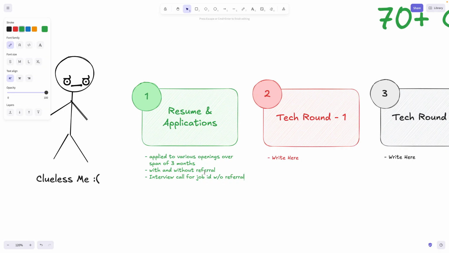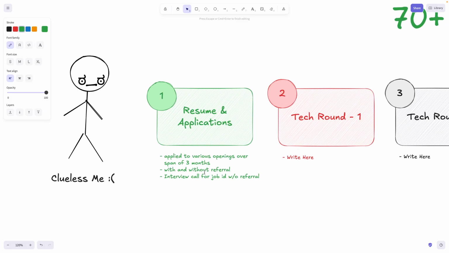And I applied to many openings. It's not like you apply to one opening and then wait for the call. Don't do that. That is the worst thing to do. Another thing is that a one-page resume is enough if you have less than 5 years of experience. That's my advice. And then follow the Jake resume. There's a video on my channel, feel free to watch it or just search Jake resume template.